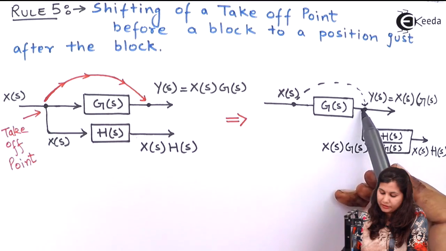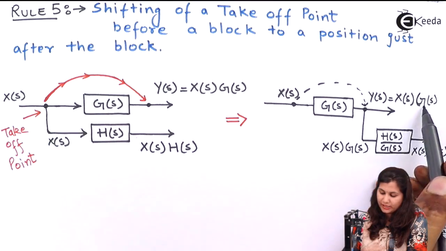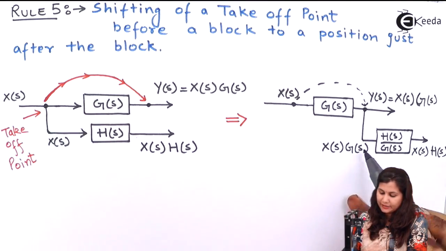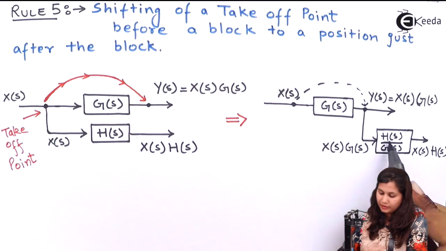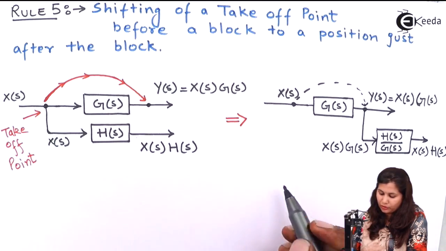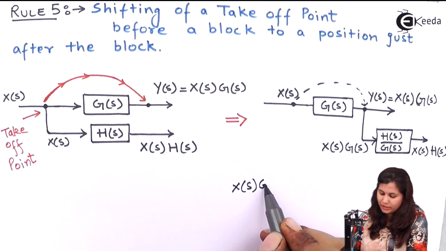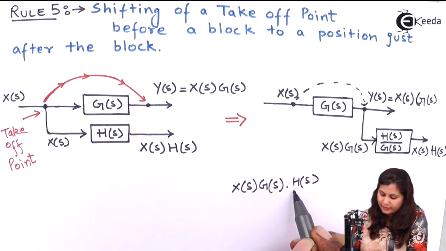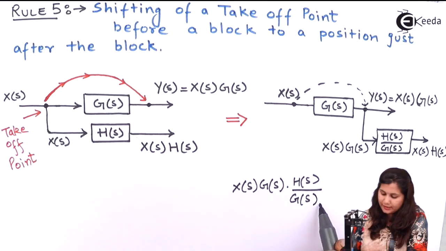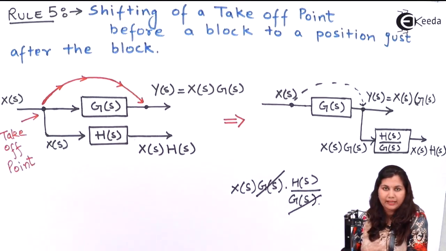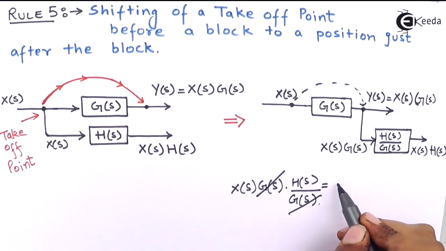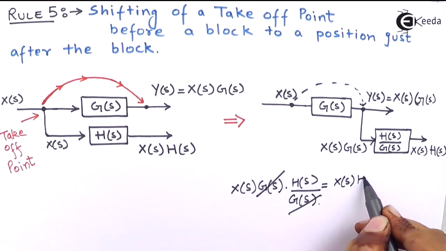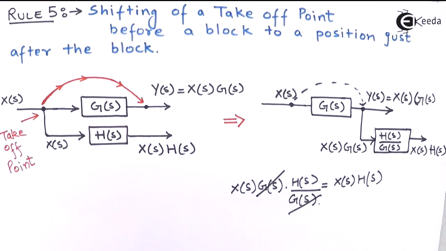We have the output here as X(s)G(s), and here we are getting X(s)G(s) as the signal. If we multiply this with the transfer function of the block, that is X(s)G(s), it will be multiplied with H(s) divided by G(s). So G(s) will be cancelled out and we will get the output as X(s)H(s).